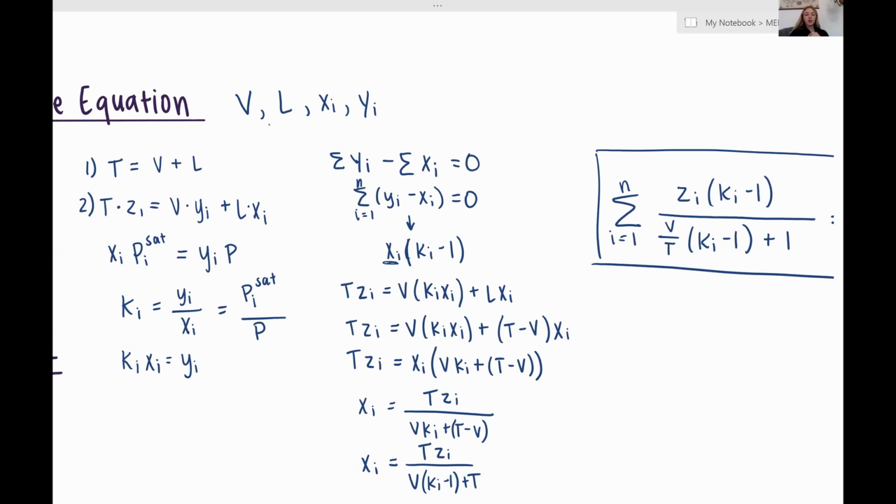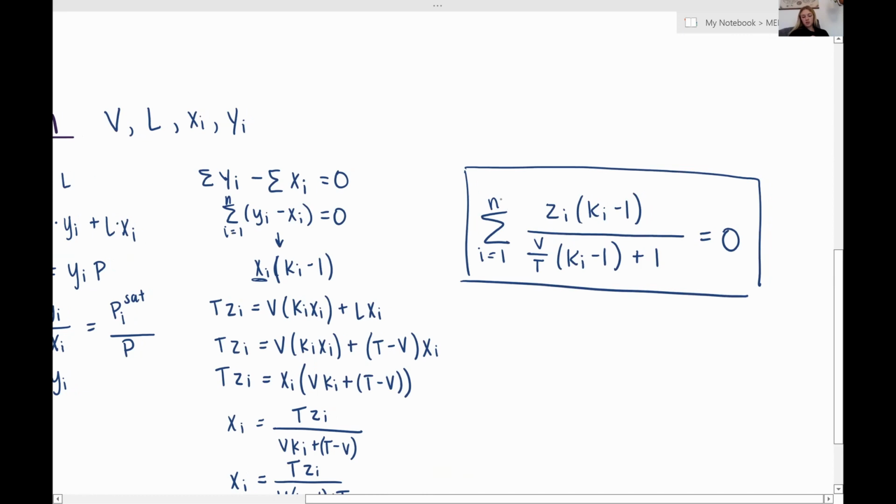In our next video, we are going to actually be solving for these values. And since we are dealing with a binary composition, our n is going to be 2, because we have 2 components in our mixture.